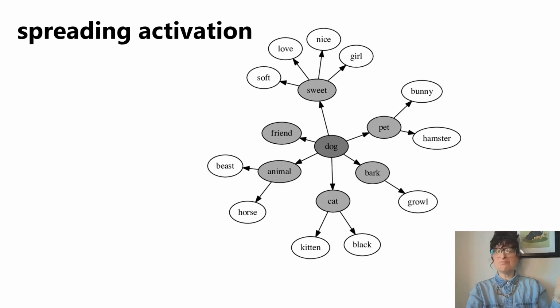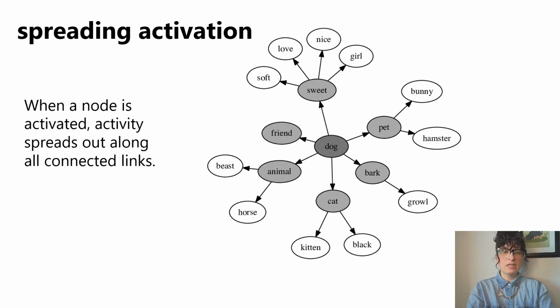Retrieving one concept from memory is going to trigger spreading activation to other nearby locations in the network. So primed concepts then become easier to retrieve from memory. When a node is activated, activity spreads out along all connected links, and it's going to activate those nodes closer by more strongly compared to more distant nodes.